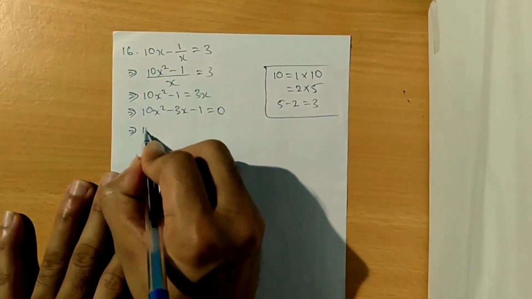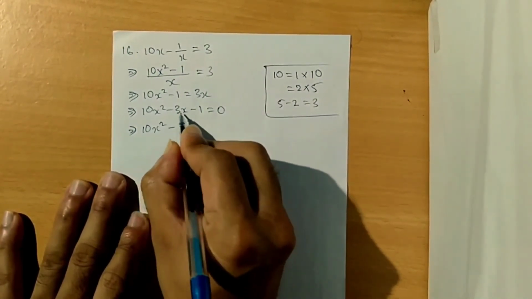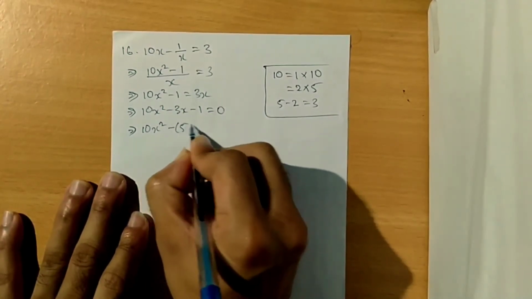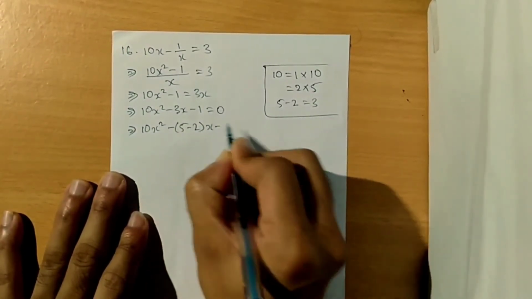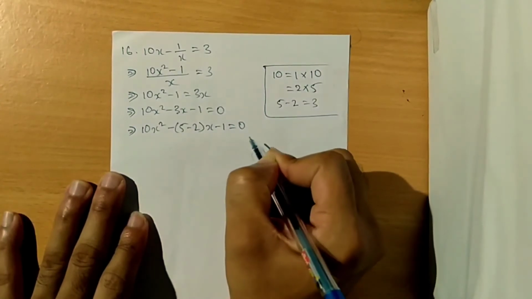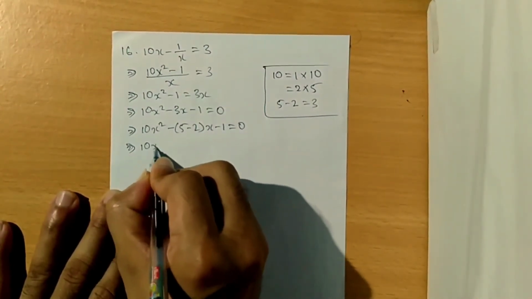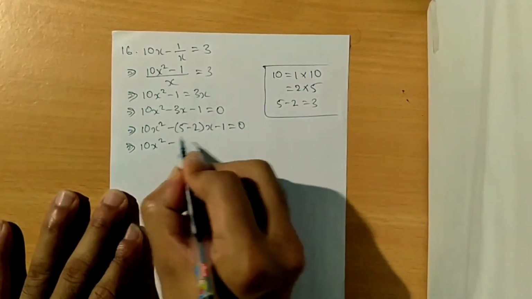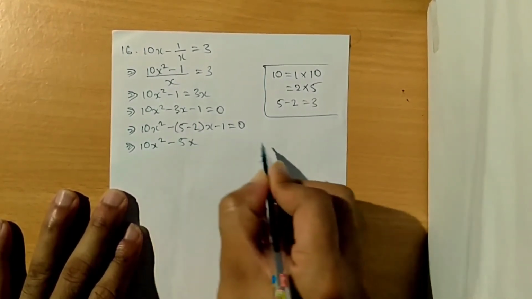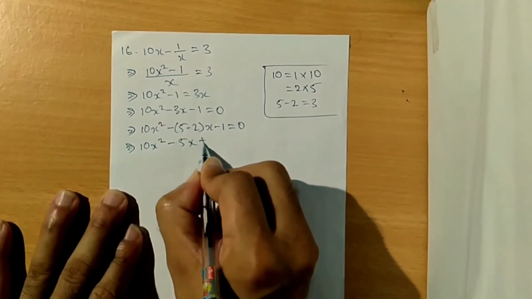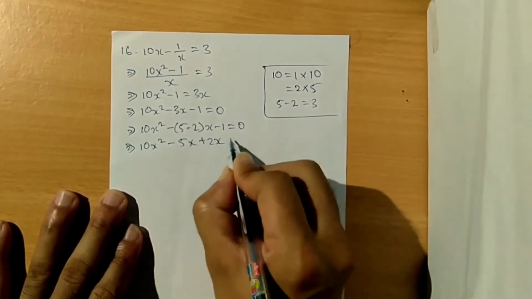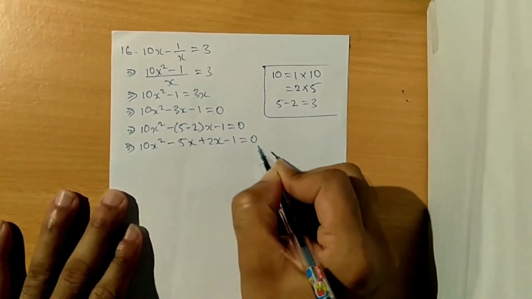So this implies 10x squared minus 5x plus 2x minus 1, and this is equal to 0.